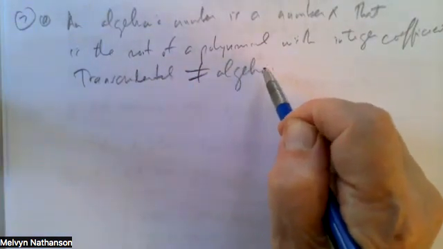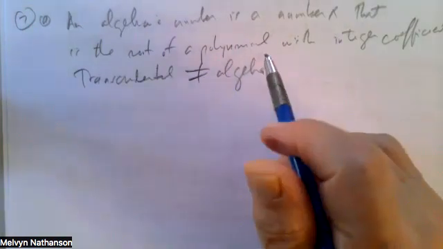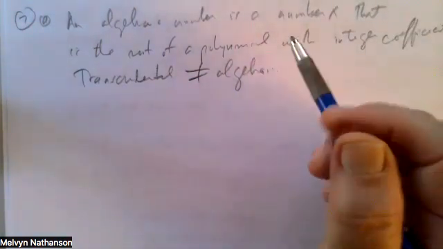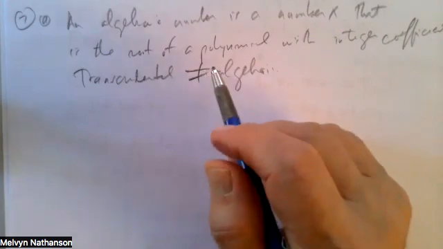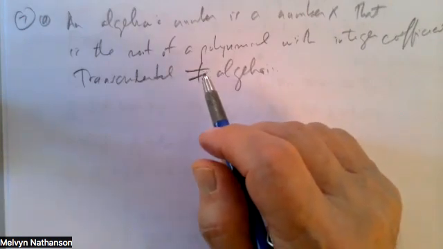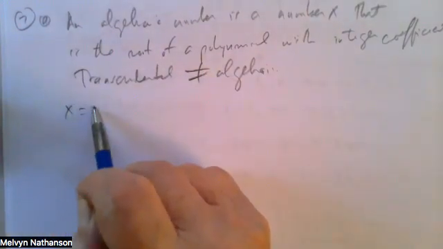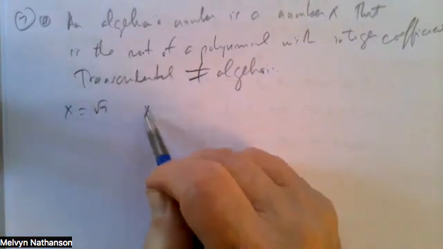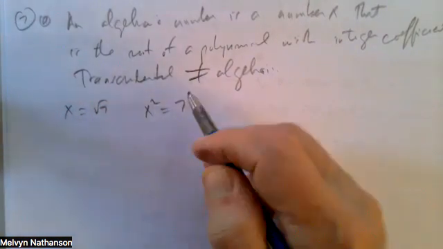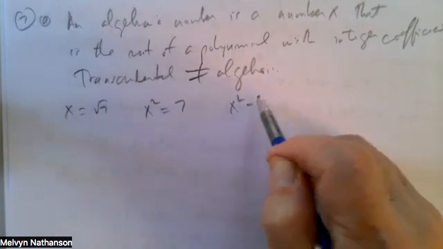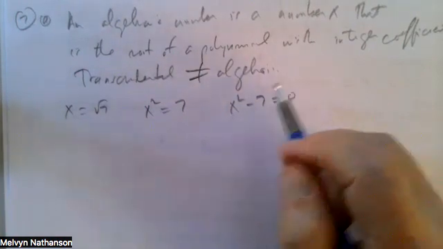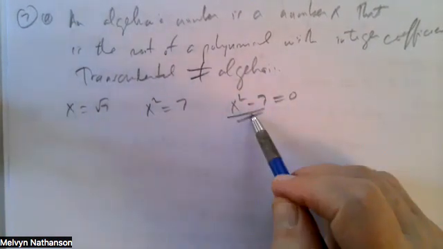So you take any real number, it's either algebraic or transcendental. Transcendental just means not algebraic. So suppose I take x equal to the square root of 7. Then x squared is equal to 7, so x squared minus 7 is 0. So this is a polynomial.